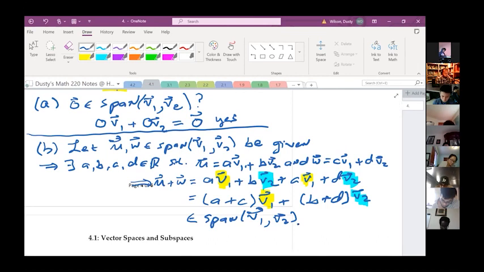Okay, so we showed that 0 was in the set. We showed that U plus W is in the set. So we still just need to show that scalar multiplication works.